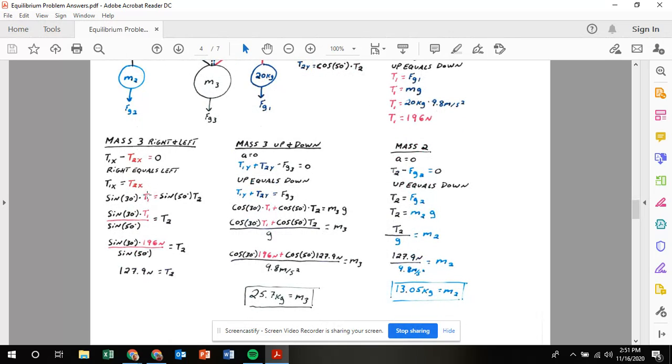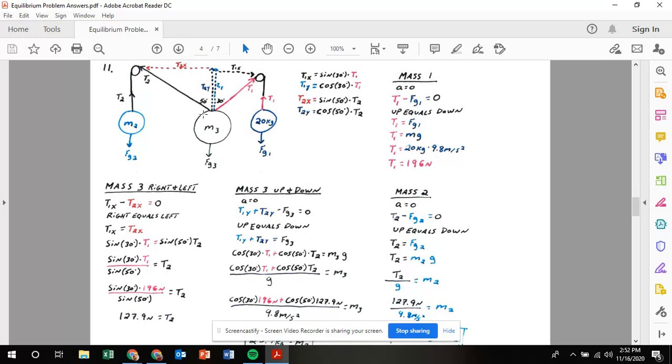So sine of 30 T1 equals sine of 50 T2. If I solve for T2, because again we know T1 is 196, just divide by sine of 50. So sine of 30 times 196 divided by sine of 50 tells me that this tension right here has to be 127.9 newtons.